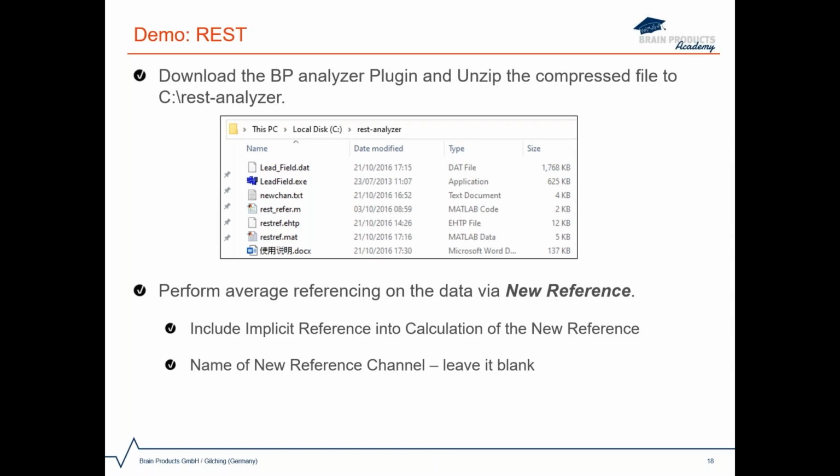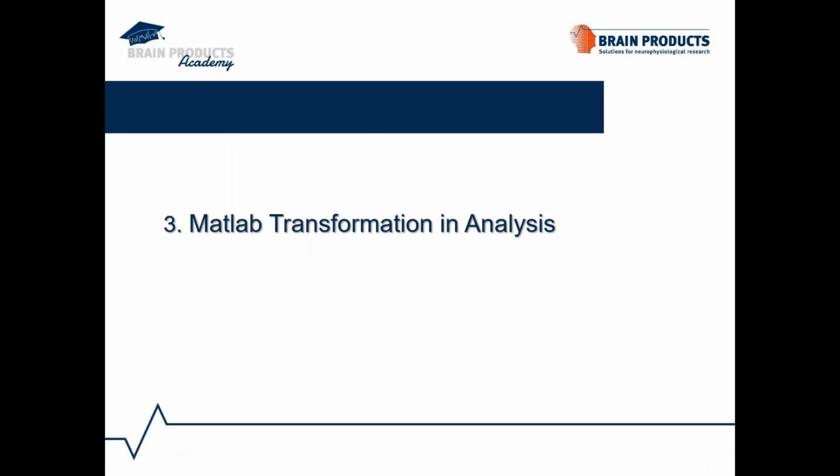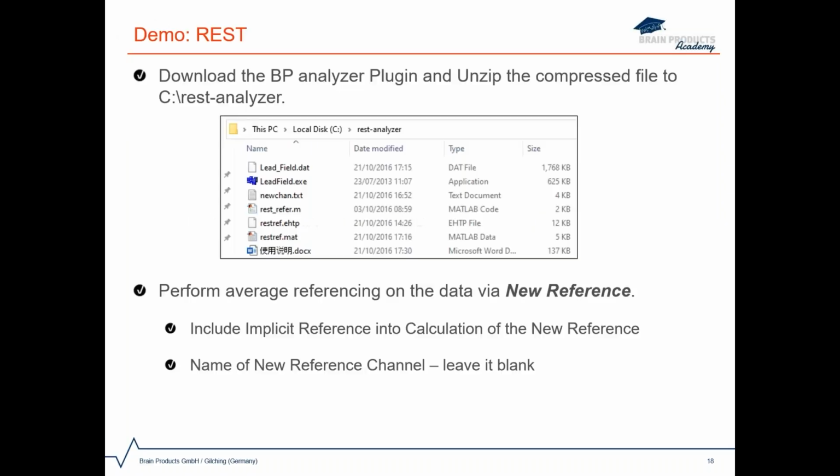Please note that the option include implicit reference into calculation of the new reference should be selected, and do not give a name to the new reference channel. So now we are ready for the demonstration.